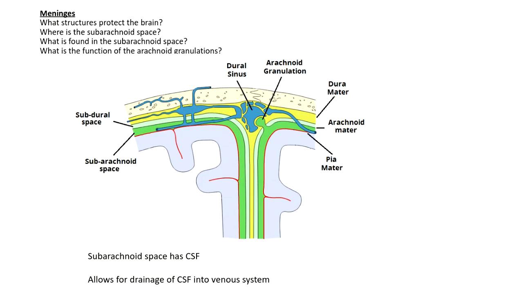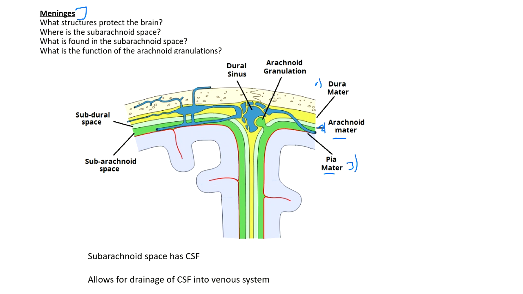Now, the meninges is the next topic. The meninges is just a protective layer that protects the brain and spinal cord. You have different layers. You have the outermost layer, which is the dura mater, and then right below that, you have the arachnoid mater, and then close to the brain and spinal cord, you have the third layer called the pia mater.